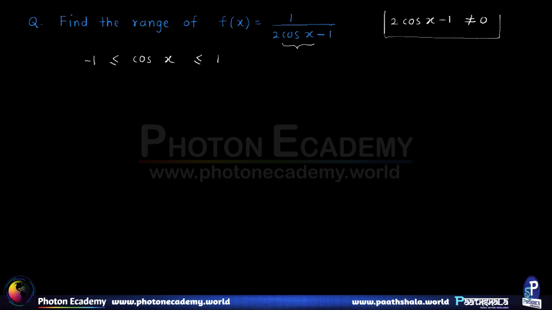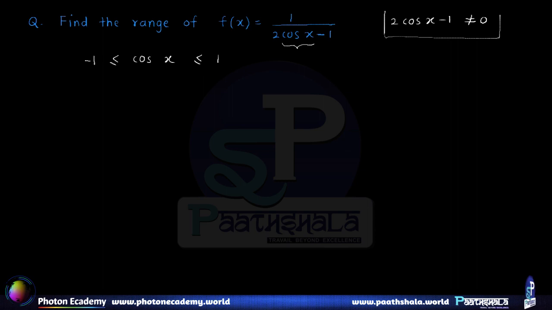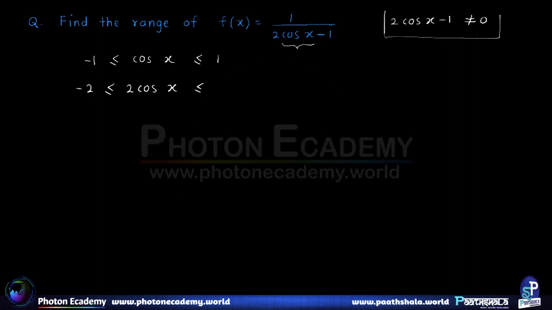Now what we do is we construct the given expression on the right hand side using this starting inequality, right? We see that there is a factor of 2, so if we multiply throughout by 2 we will get -2 less than or equal to 2 cos x, which is less than or equal to 2. Next we also have to subtract 1.